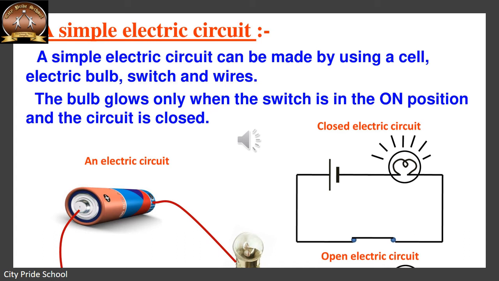The bulb will glow whenever the switch is in on position. If the switch is put off, then there is no connectivity and the bulb will not glow. This is a closed circuit where current flows from the positive terminal of the cell to the negative terminal. Since the circuit is complete, the bulb here is glowing.